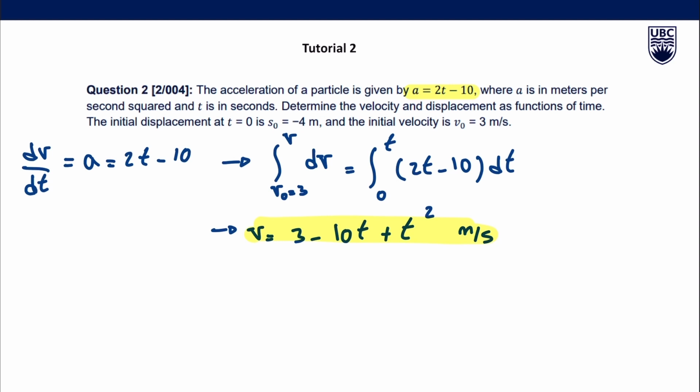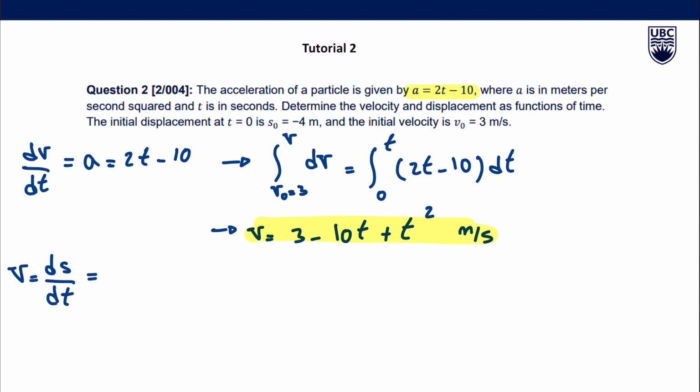Now velocity is great, but where is our particle exactly? Again, we use an integral. This time we are adding up all the speeds over time to get the distance, which is our displacement. We integrate our velocity to find the particle's position at any time. So we can write the next integration like this. We know that ds over dt is v, right?